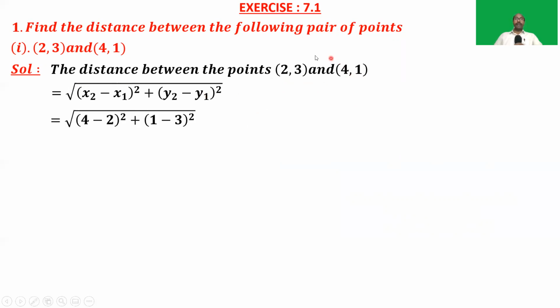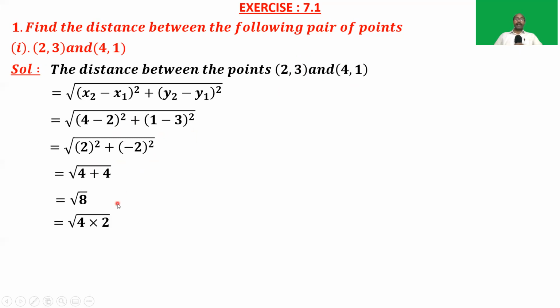So under root (4 minus 2) whole square plus (1 minus 3) whole square. And we know that 4 minus 2 is 2, 1 minus 3 is minus 2. So we get under root 2 square plus (minus 2) whole square, which is equal to root 4 plus 4, root 8. And now we can write 8 as the product of 4 and 2, where 4 is a perfect square.